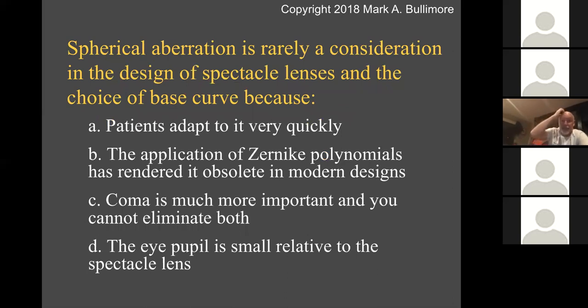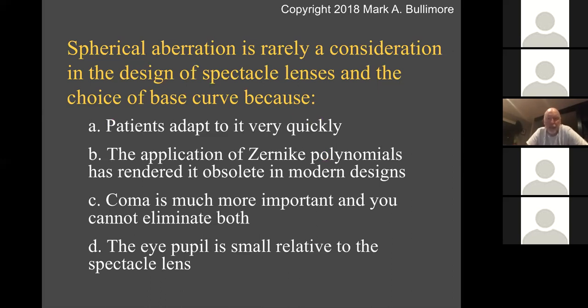Okay, here's a trickier one for you. Ophthalmic optics. We covered this a few minutes ago, so you may know the answer. Spherical aberration is rarely a consideration in the design of spectacle lenses and the choice of base curve because patients adapt to it. Zernike polynomials have saved the world. Coma is much more important.